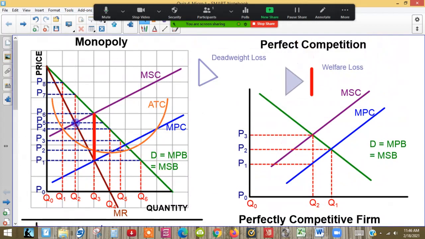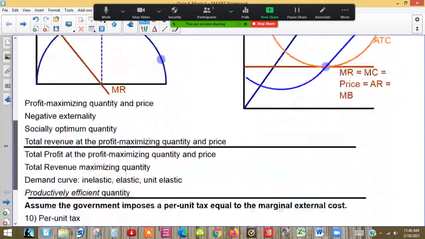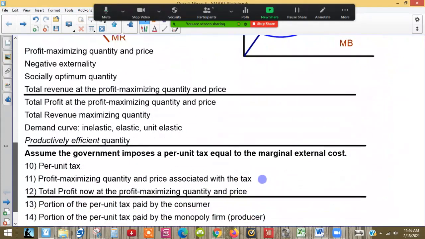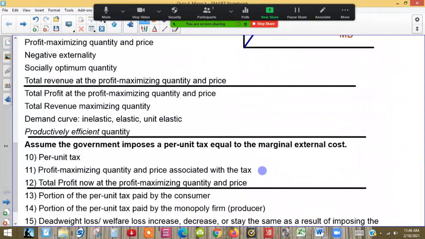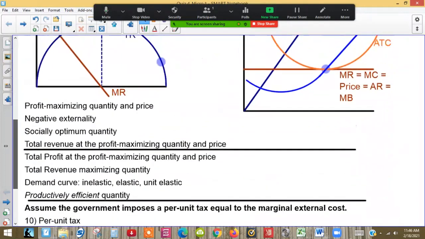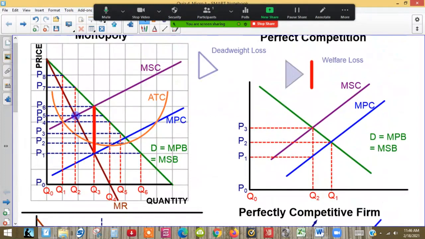Q2, P7 is where they're going to operate after the tax. So what's the total profit now after the tax? In order to find that out, we just need to look at the new price and look at the difference between the new price P7 and, at quantity Q2, the average total cost P3.